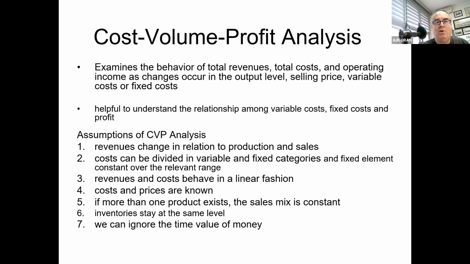In order to use these equations together, we need to be selling everything that we're producing, so holding inventory constant. And ignoring the time value of money. From the beginning of the period to the end of the period, if the discount rate isn't too big, this assumption can be valid.